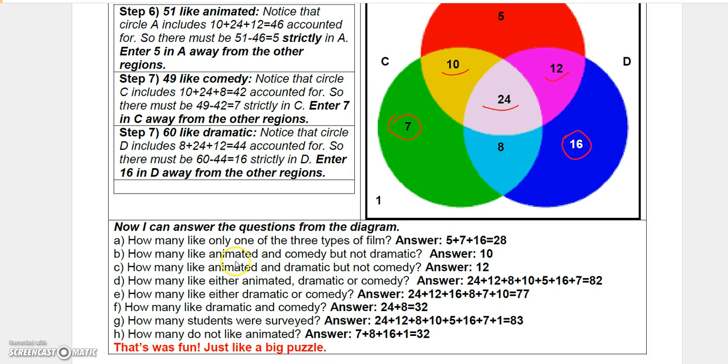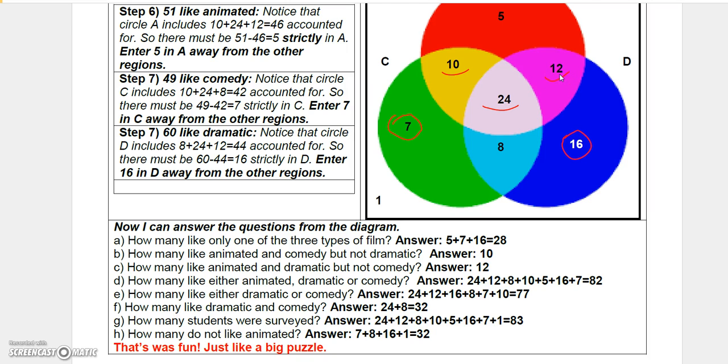Now it says how many like animated and comedy but not drama. Well, animated and comedy would be this I right here, but since you don't want drama, you'd have to pick the 10 here. Part C says how many like animated and drama but not comedy. So animated and drama would be this I, and then not comedy would be these 12 here.